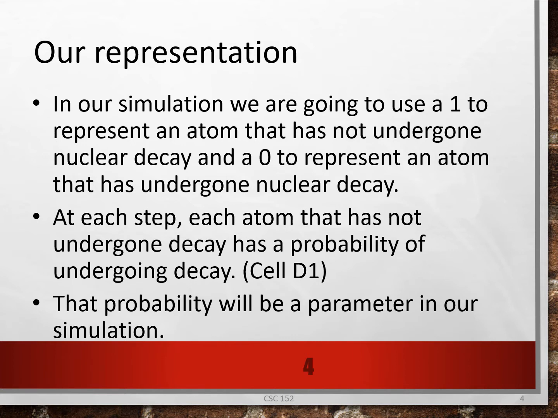And that probability is given by the contents of cell D1, which in the previous example was 0.01. This probability will be a parameter in our simulation. So we will run the simulation for a given value of this parameter, and then we may study eventually the effect of changing this parameter. But for a given simulation, the parameter will have one value.